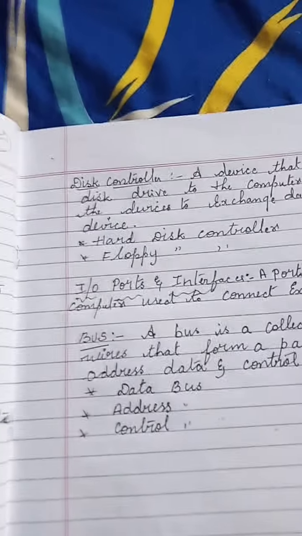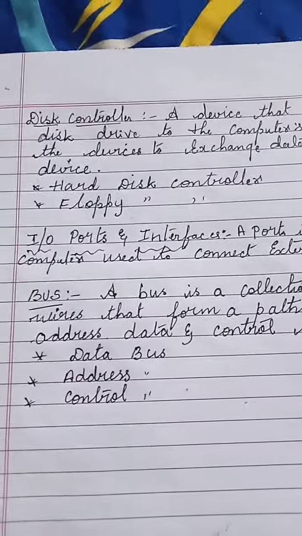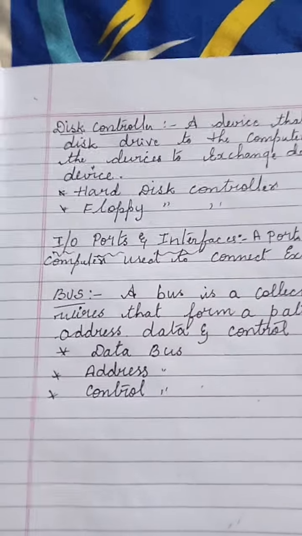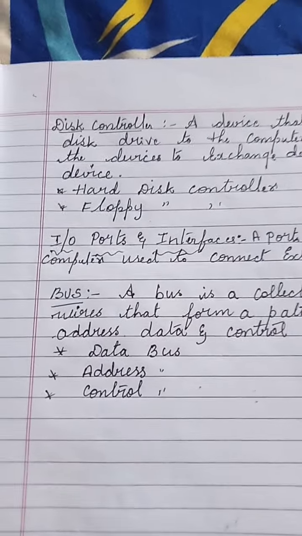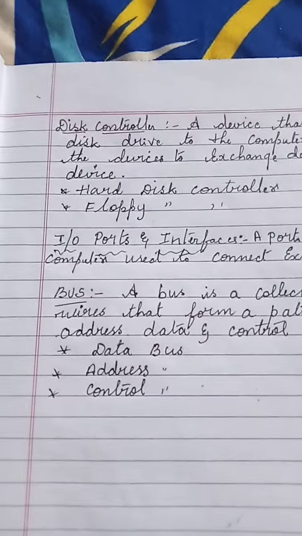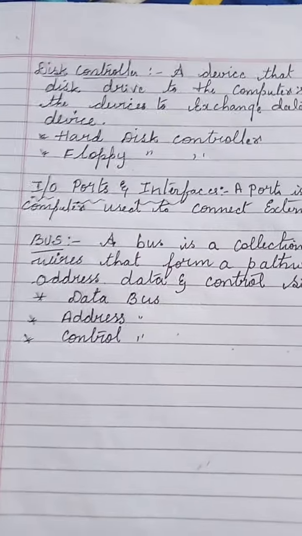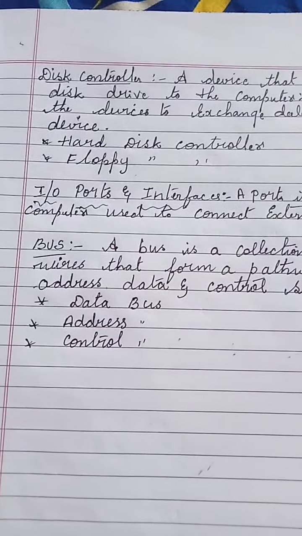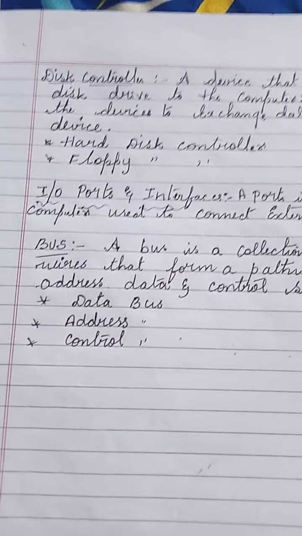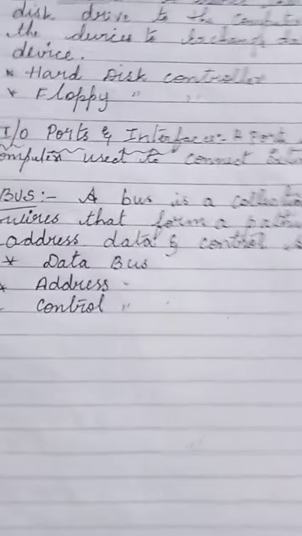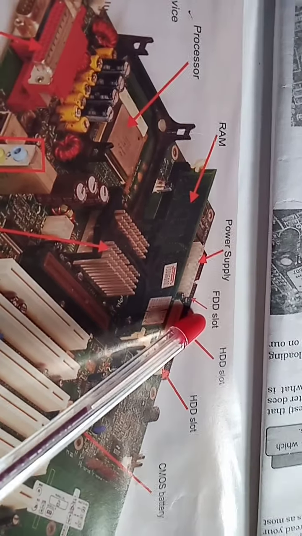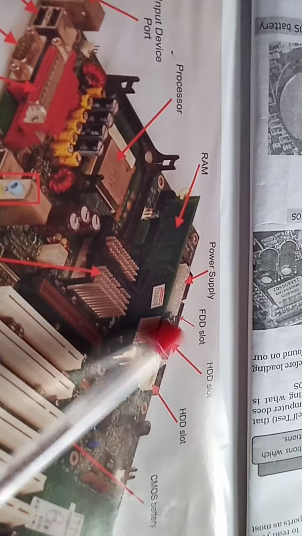The hard disk controller is an interface between the computer and the hard drive to read and write information, and the floppy disk controller is the interface that controls reading and writing on the floppy disk. See here, these two are the floppy disk slot and hard disk slot. These are the 2 types of disk controller.